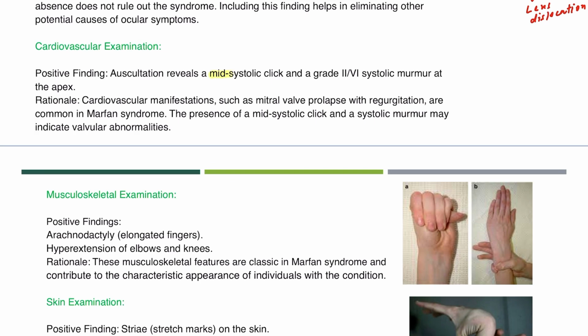So we're going to auscultate and look for any positive finding like a mid-systolic click or any systolic murmur at the apex. If you are able to grade it, it's okay. If you're not able to grade it, just mention the systolic murmur and the click. Just remember that if you're able to pick it up, that is enough already.